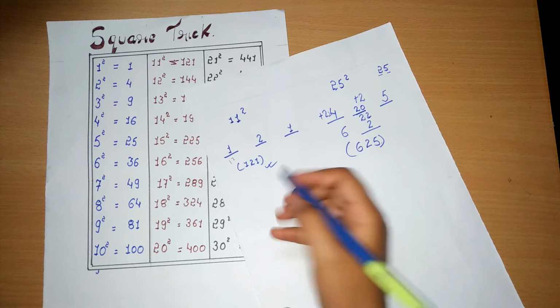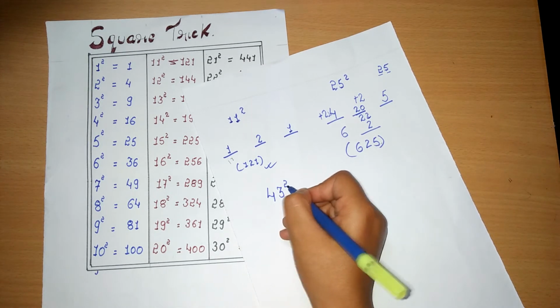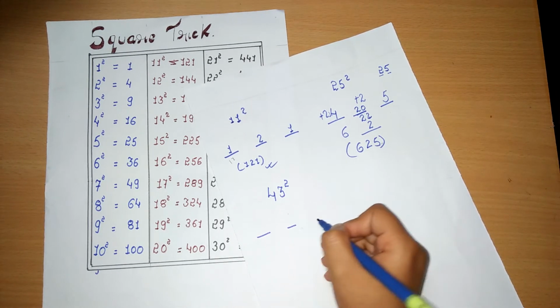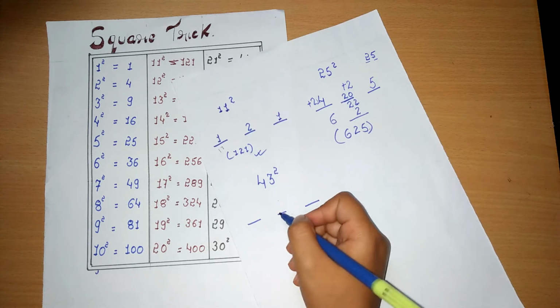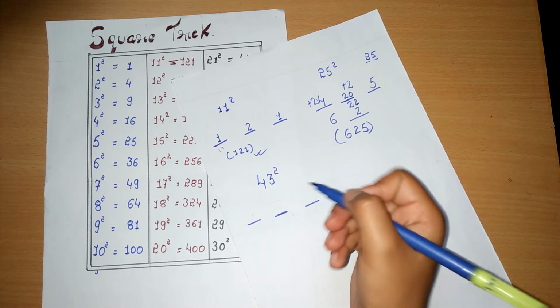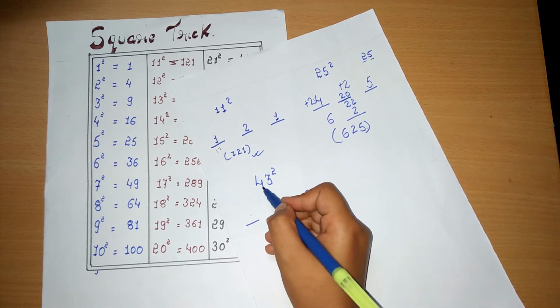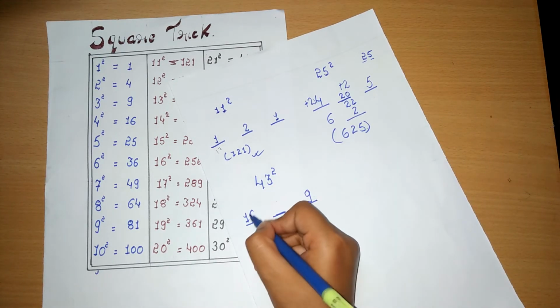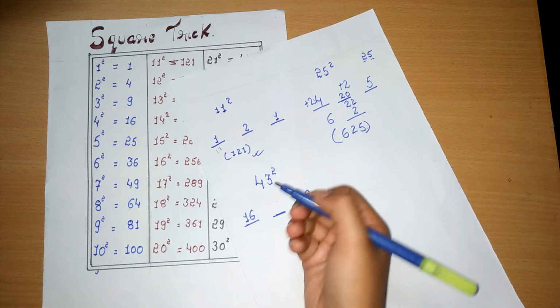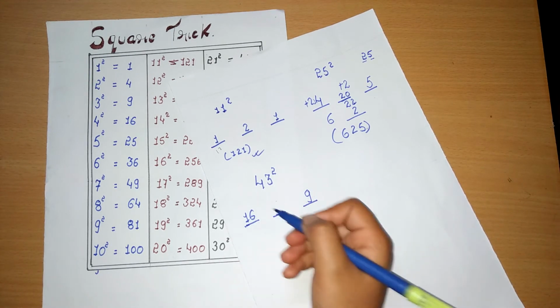Like this I am going to show you the square of 43. Let us draw the three lines here and write the square of 4 and 3 in the first and last numbers. 3 square is 9, here 9, and 4 square is 16. But friends, at the first part if a two digits number comes, we can easily write it, there is no doubt.